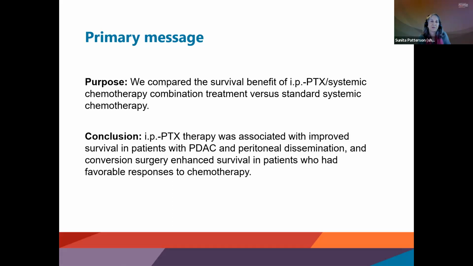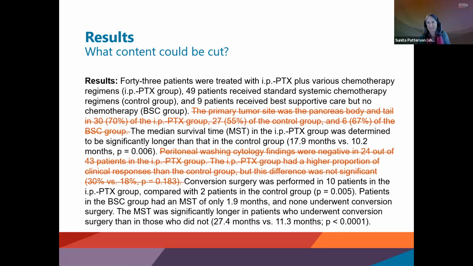So we decided to keep the mentions of conversion surgery in the abstract since they were kind of supporting the conclusion that was reached. That was our judgment. Okay. All right, so that was our take.